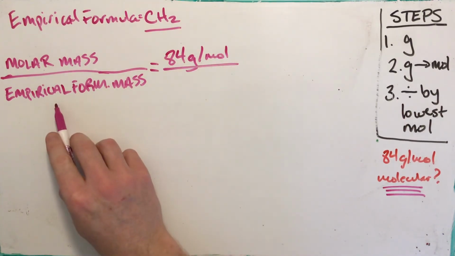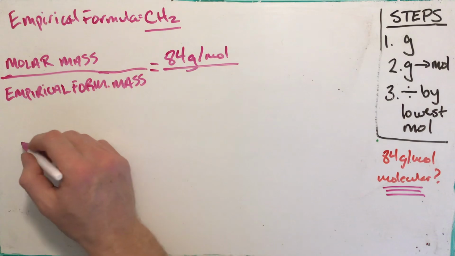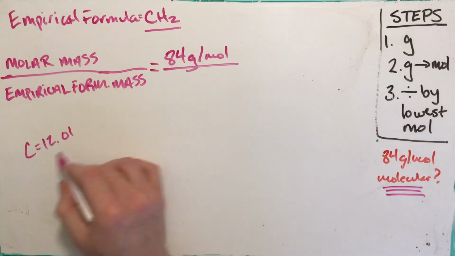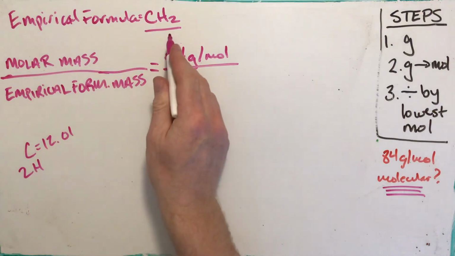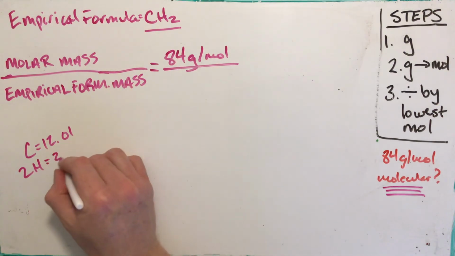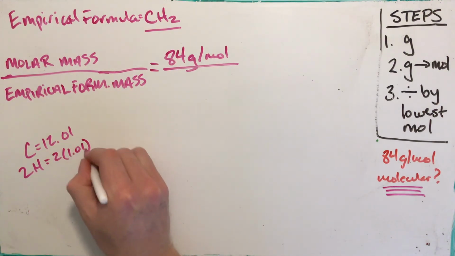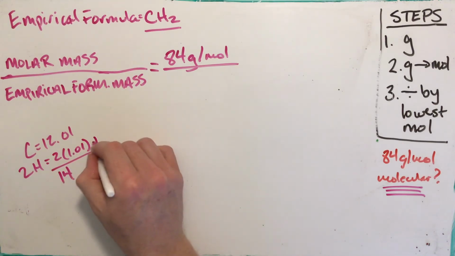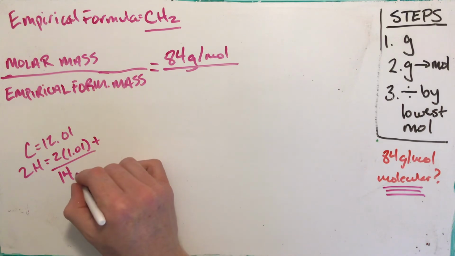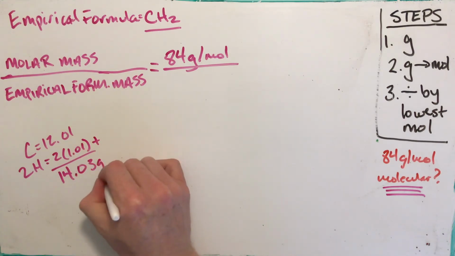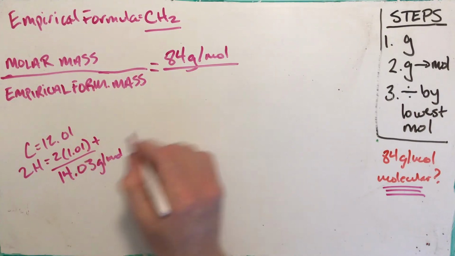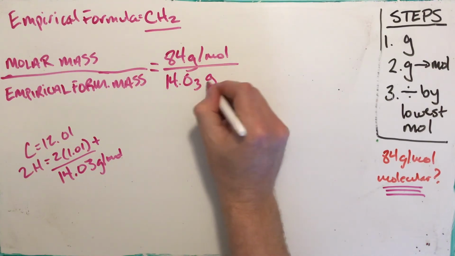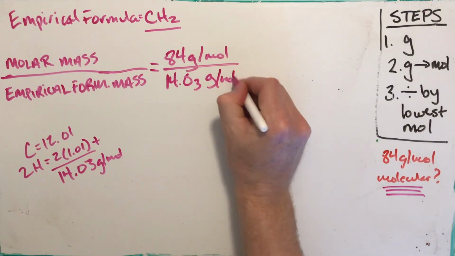And the empirical formula mass I get from the CH2. So C is equal to 12.01 on my periodic table. And I've got two H's in that formula, so that's 2 times 1.01 from the periodic table. That's going to be, when I add these things both together, 14.03 grams per mole.